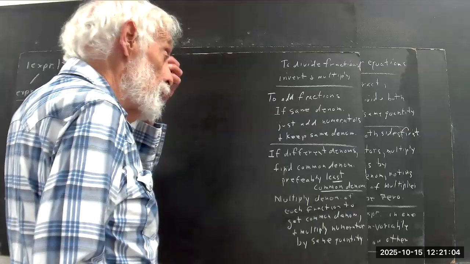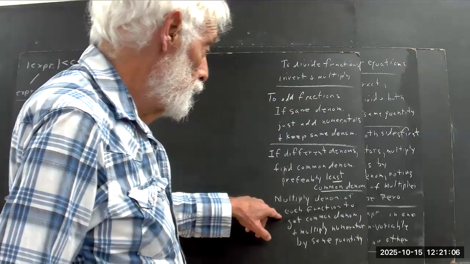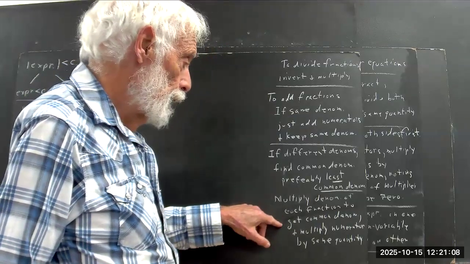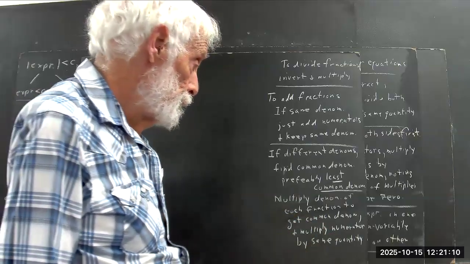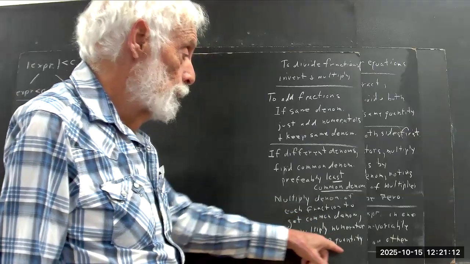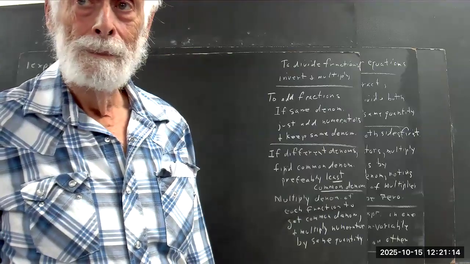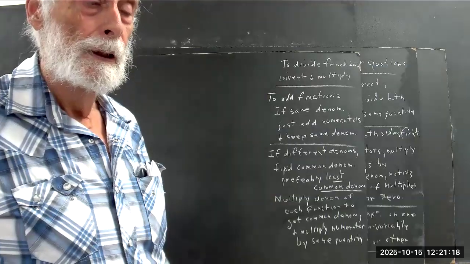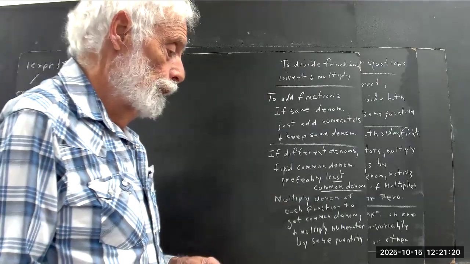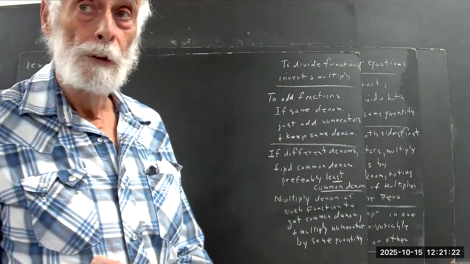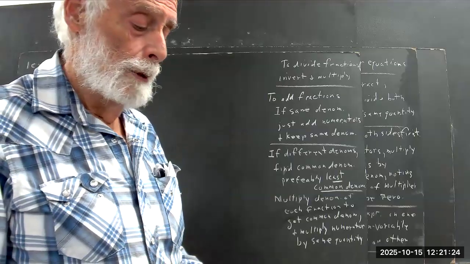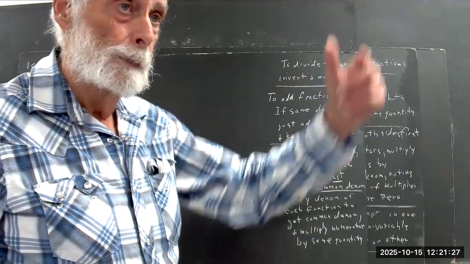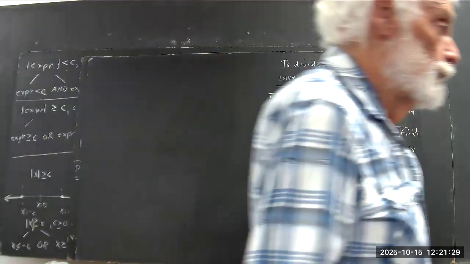I'm saying multiply the denominator of each fraction by whatever it takes to get the common denominator, and multiply the numerator by the same quantity. If you multiply both the numerator and the denominator by the same quantity, you don't change the value of the fraction. The way you've seen me do that is you multiply by a fraction that has the same numerator and the same denominator.